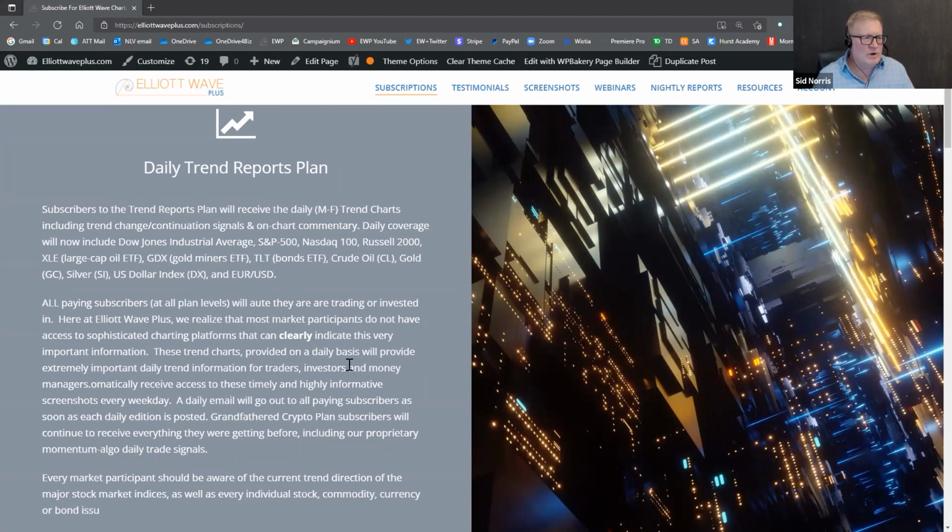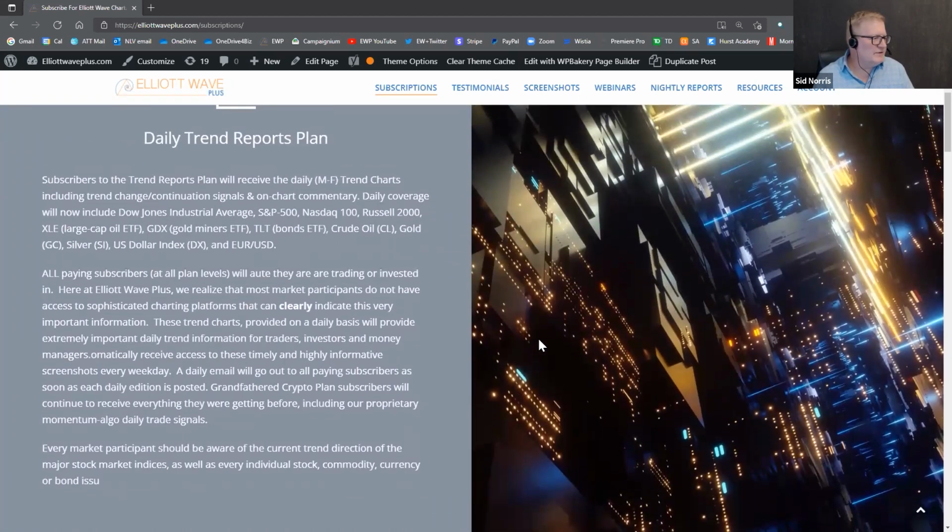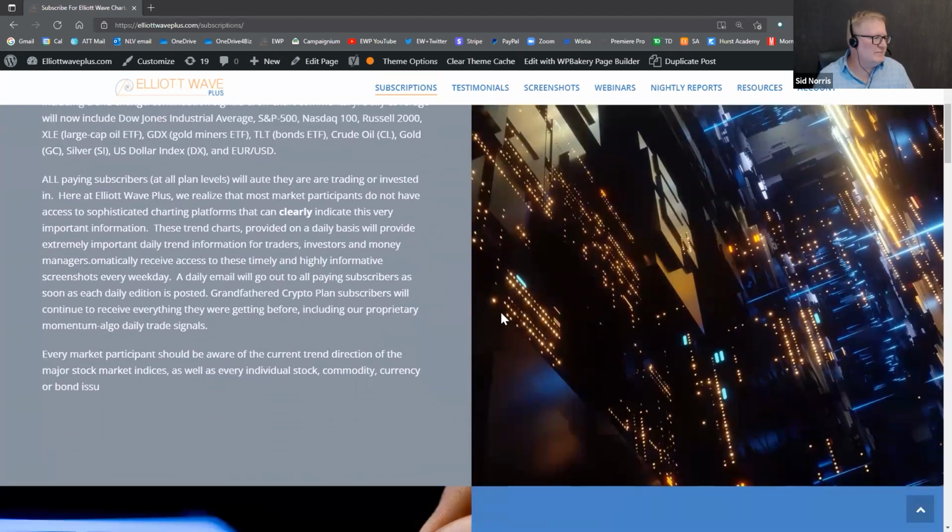There's no Elliott Wave in that $25 a month plan, no Hurst Cycle analysis, no automated signals, no back testing, but there is a pretty nifty daily trend template on about 20 items. So if you don't have a sophisticated trading platform, for a very cheap price, you get nightly information from us showing what the current trend is on almost all of the items that you might consider trading, as far as the popular futures contracts and ETFs.